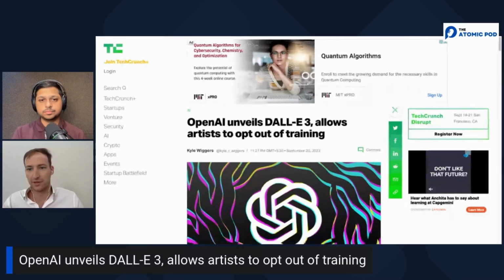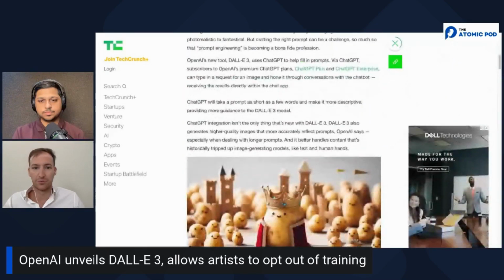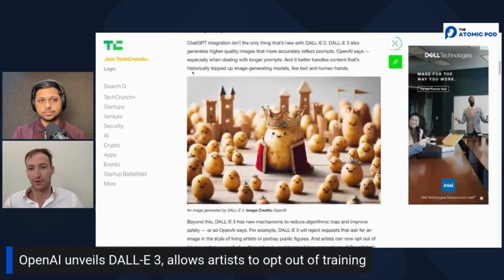Especially when it's dealing with a longer prompt, and it's better at handling content that has historically tripped up other image generating models, like text or human hands, things that these models have typically struggled with.